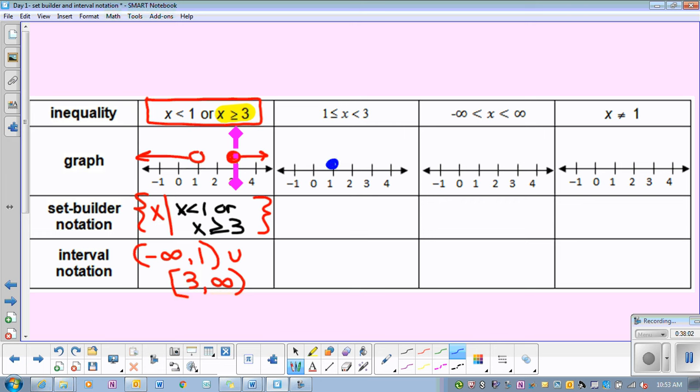Is it an open circle or a closed circle at the 3? Open. There we go. Right? So now, how do we do the set builder? Same way. Curly braces, X bar. Put this whole inequality in the set builder notation.